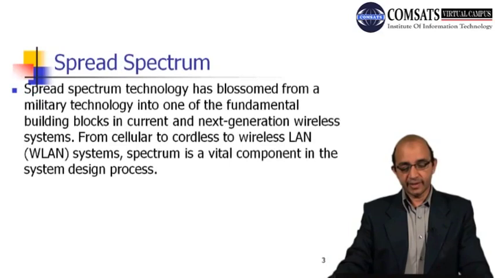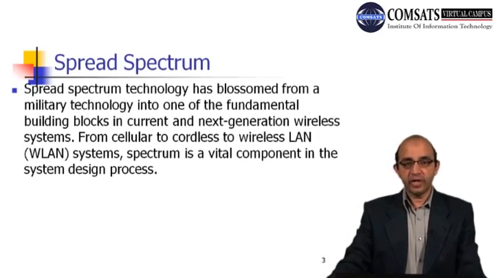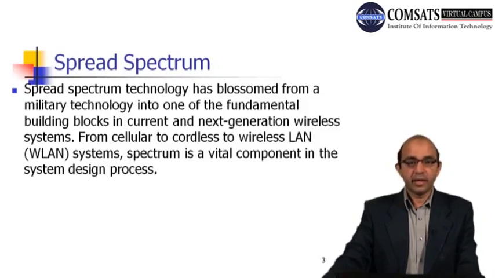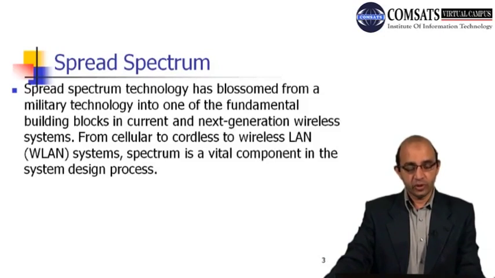So let's start. Spread spectrum was actually initiated by the military, right? And the fundamental objective at that time was that it is very difficult to intercept, it's very difficult to jam, and that characteristic is ideal for applications such as military vehicles, military communication, right?